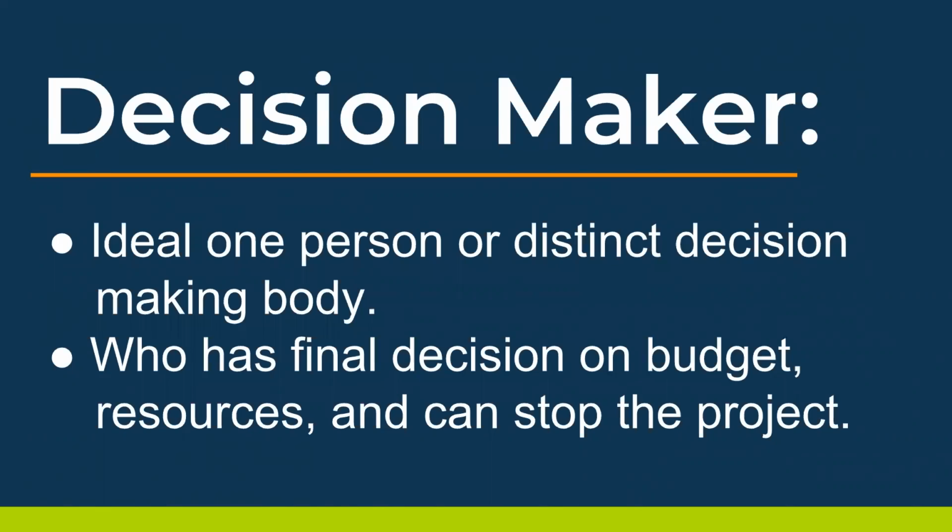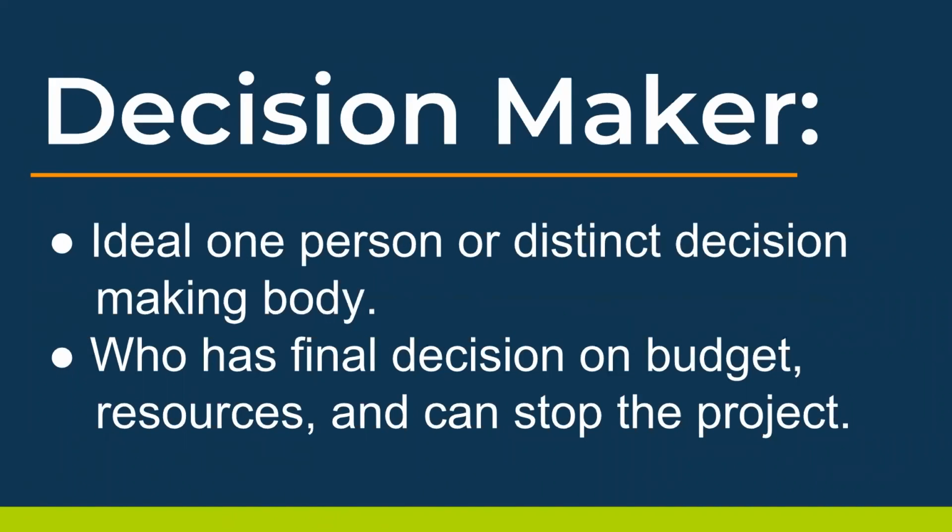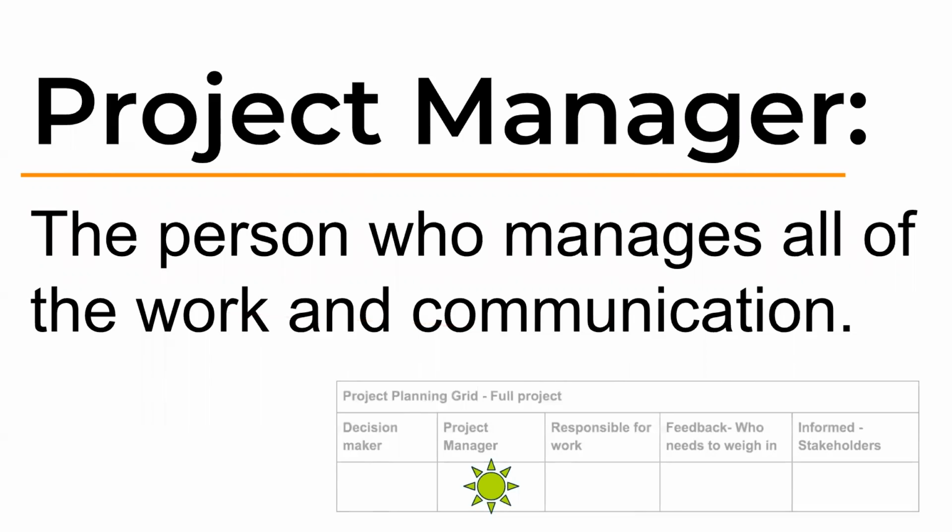So who has the final decision on budget and resources, and can essentially stop the project or greenlight the project altogether? Sometimes this is an executive director, a leadership team, a campaign manager, a communications team leader, or whoever may be the leader for a team or a budget, the person who has the decision-making power.